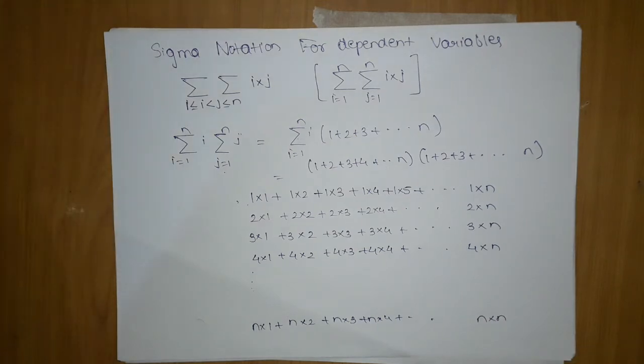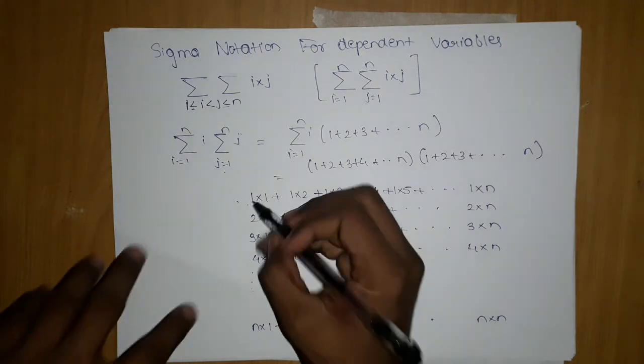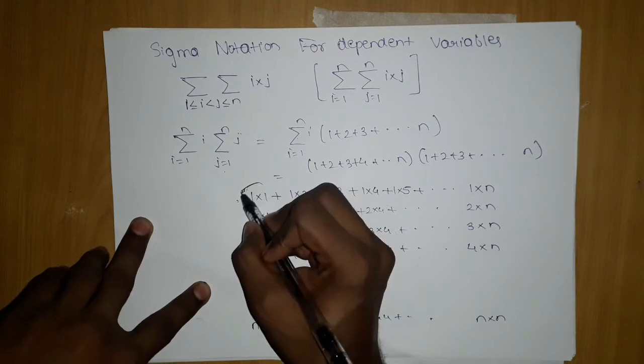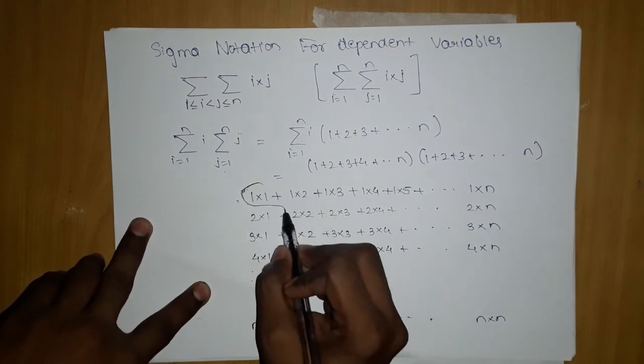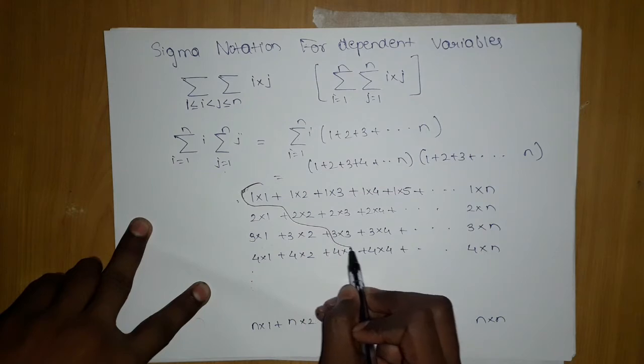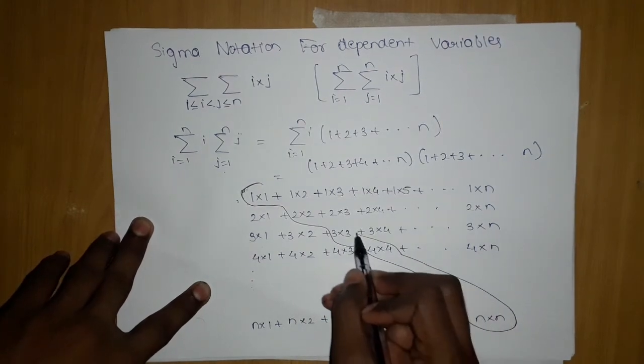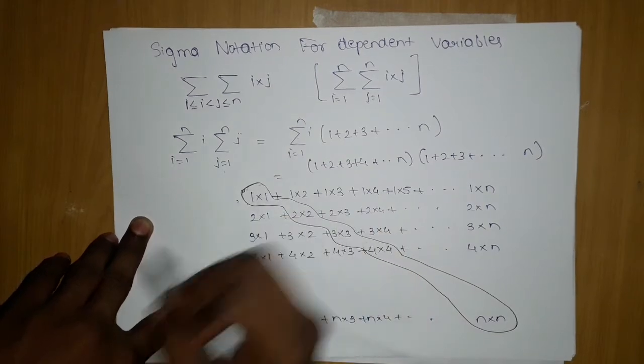Now let me make you understand this. If you observe clearly, this row is the diagonal of this.